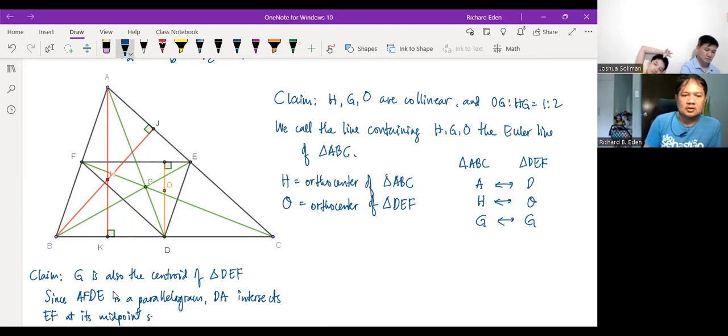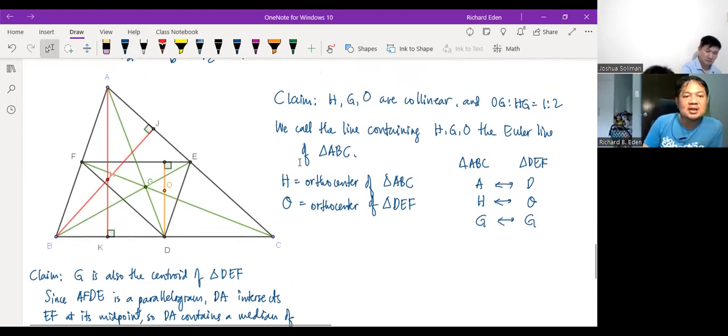So DA contains a median of triangle DEF.